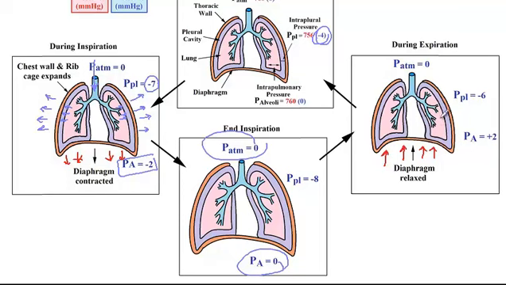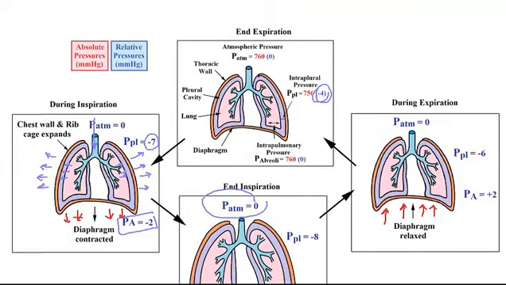Once the volume of the lung decreases, there is now positive pressure in the alveoli that will push the air out of the lungs into the outside space. All right, so here we have summarized the mechanism of inspiration and expiration.